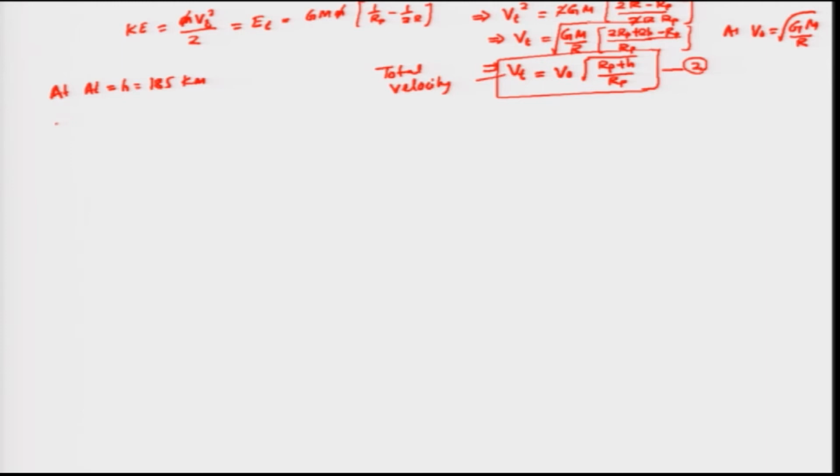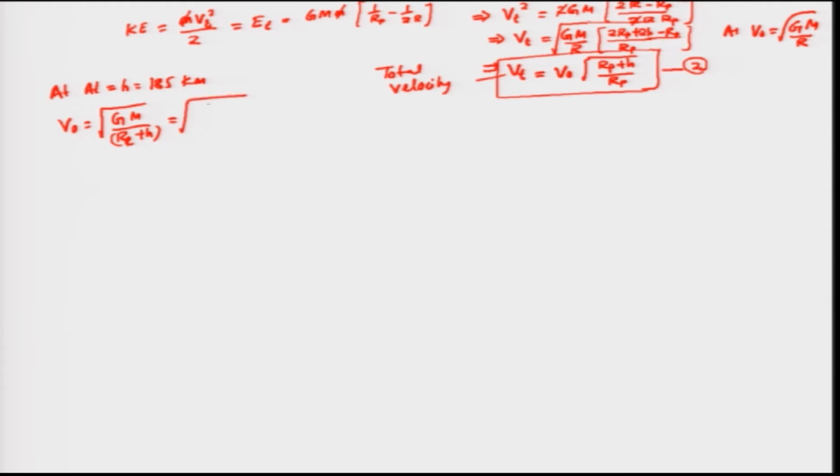So, therefore, the orbital velocity you can find out, that is root of G M by the radius of earth plus h, and h is your altitude.